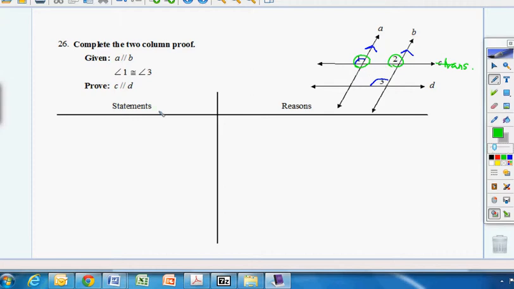All right, so let's start. I'll start with our givens. Number 1, make sure you are definitely numbering these too: A is going to be parallel to B, and that is given.